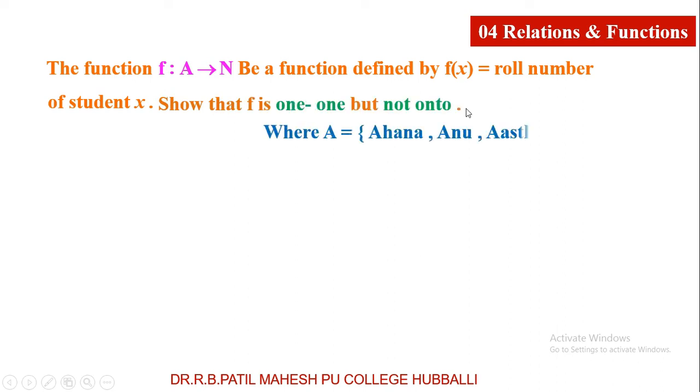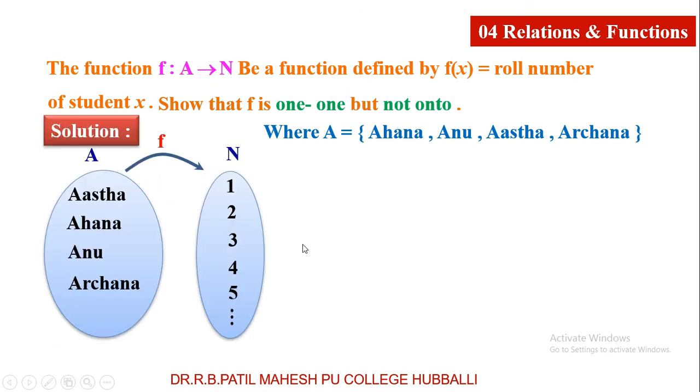Very important: the set A consists of the names of the students Ahana, Anu, Asta, Archana. These 4 students belong to the set A, which we call the domain. Now let us draw its arrow diagram.